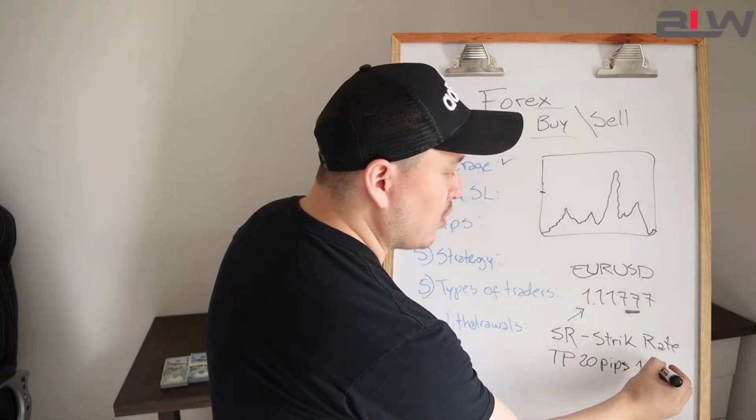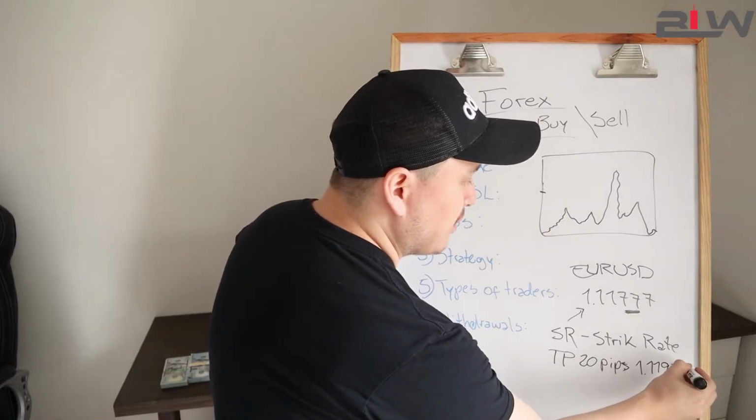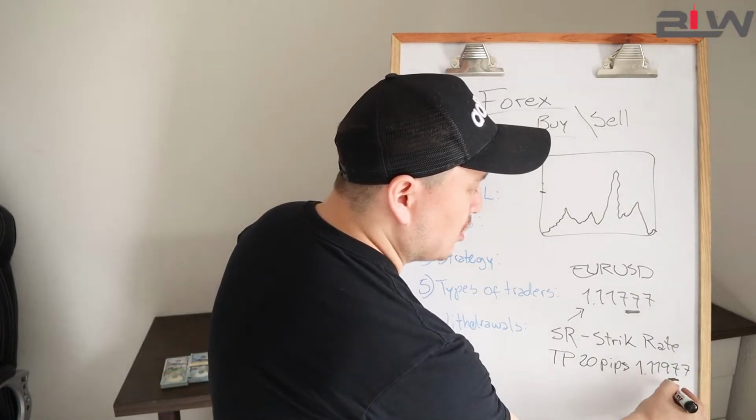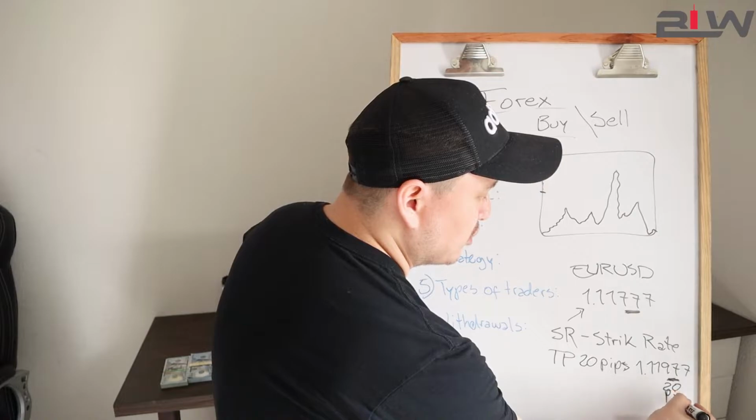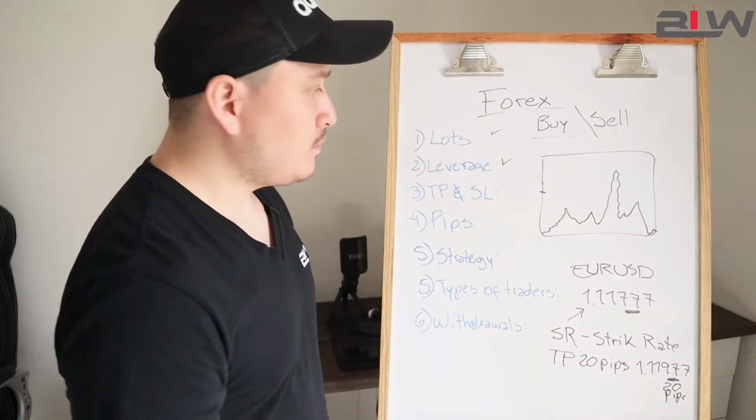Why? Because 1111, 97.7, these are 20 pips, right?